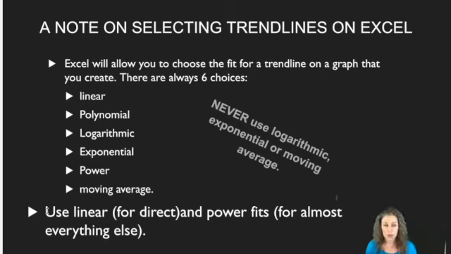You need a power fit for that. You can use linear for no relationship also, but that's it. Please do not use any of these other ones. We will never really need this or this or this. There might be an argument for using polynomial, but we'll talk about that a different time.